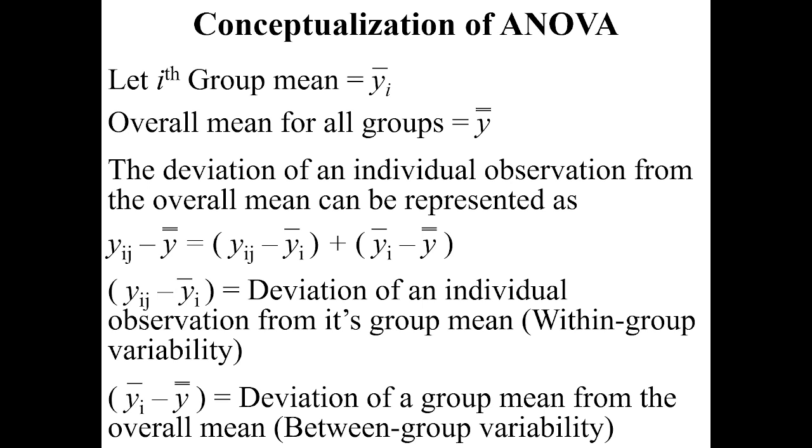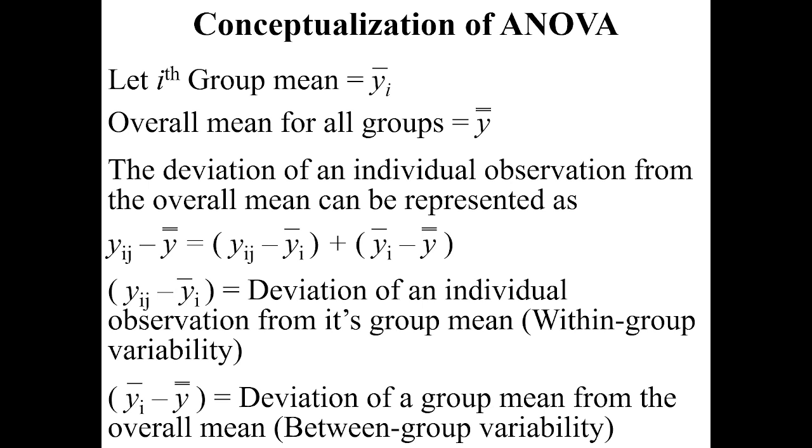What I am doing is Yij minus y double bar, but I am subtracting one individual group mean and adding it back, making it two parts.